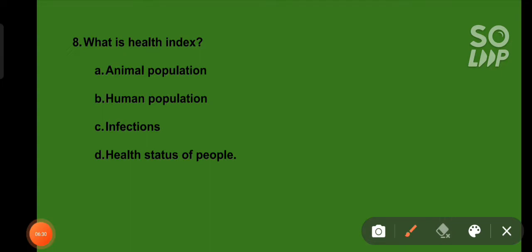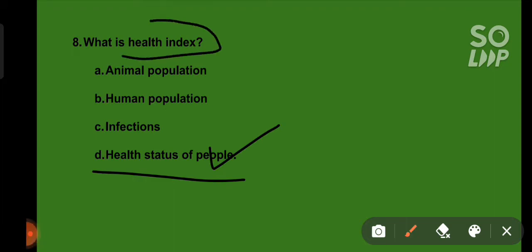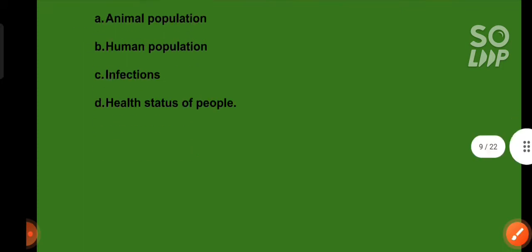The right option is option D, health status of people. When we want to find the health status of people in a community, it is found by the health index.